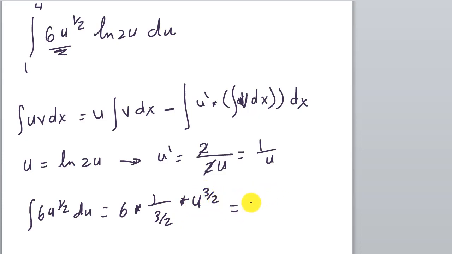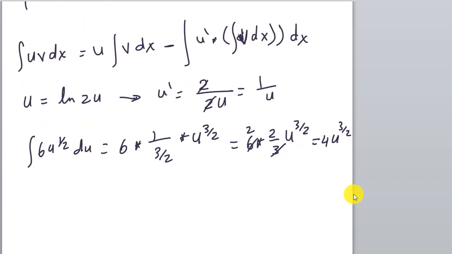So it's equal to 6 multiplied by 2 over 3 u power 3 over 2. So this one will give us 4u power 3 over 2.